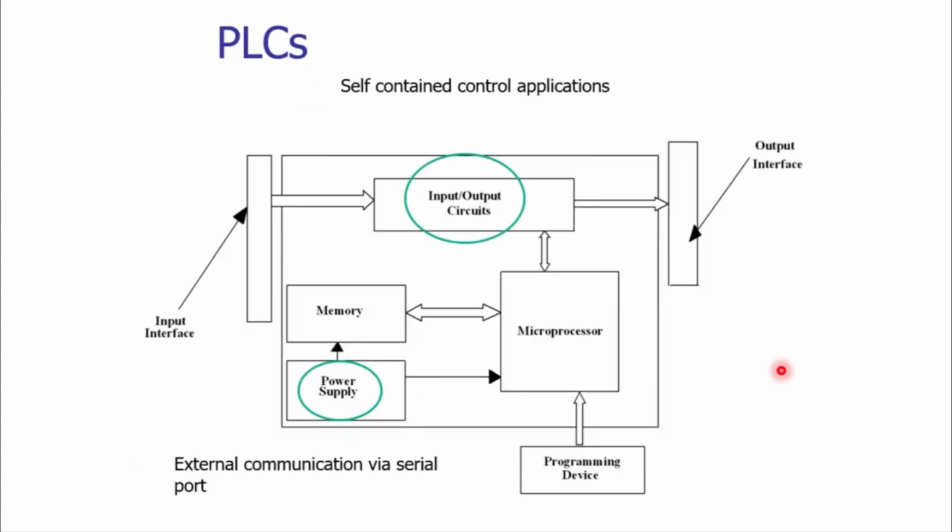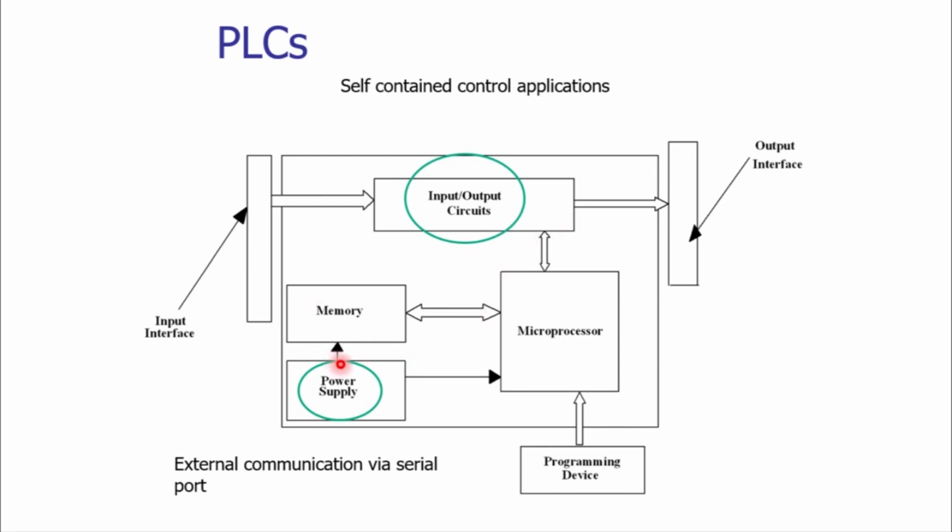A schematic of the arrangement of various elements of a PLC can be seen on your screen. Here you can notice that the PLC has all the typical elements which are there in a microcomputer. It has a microprocessor, communication ports, communication paths, that is buses, and memory.